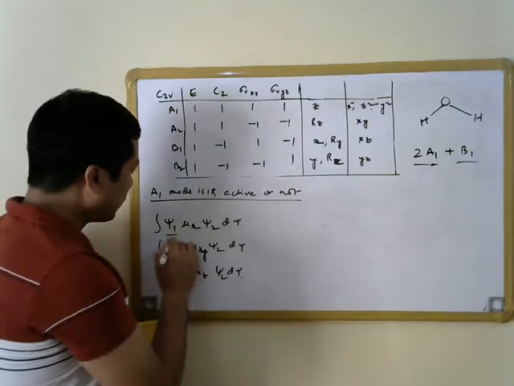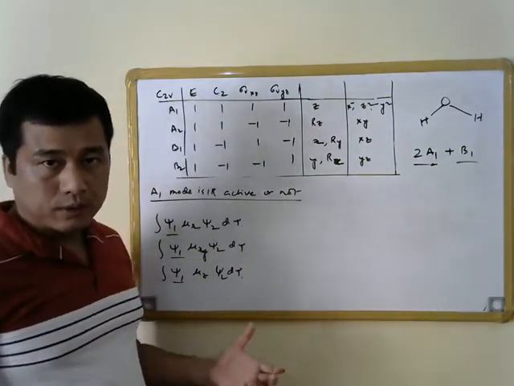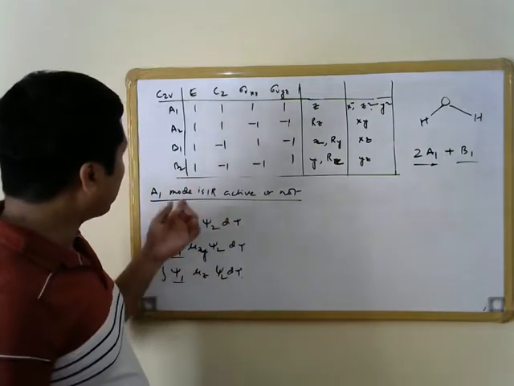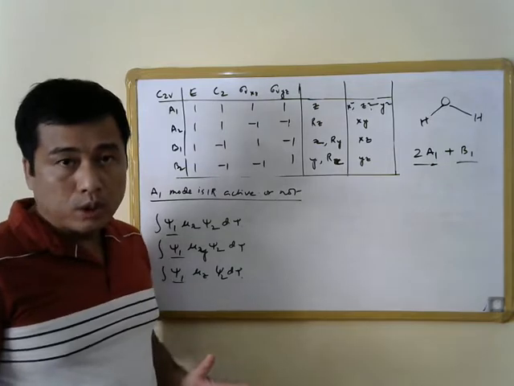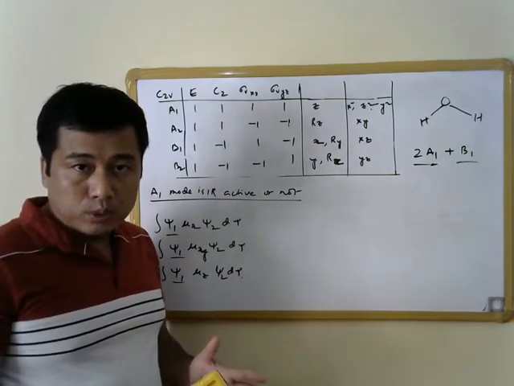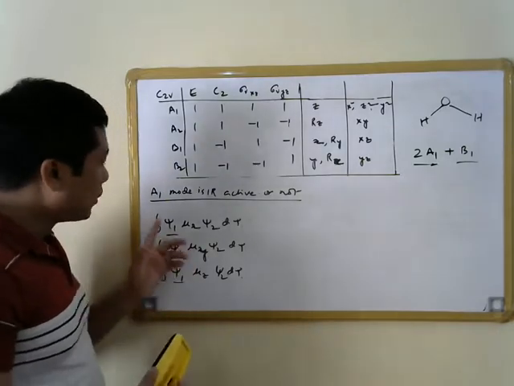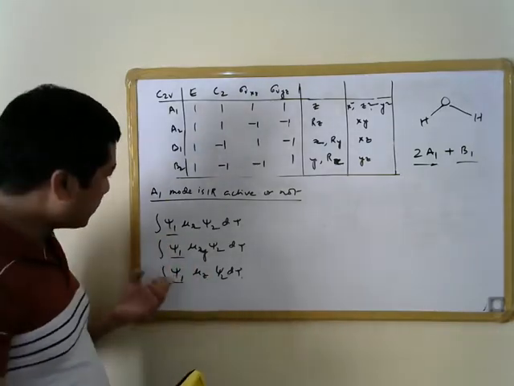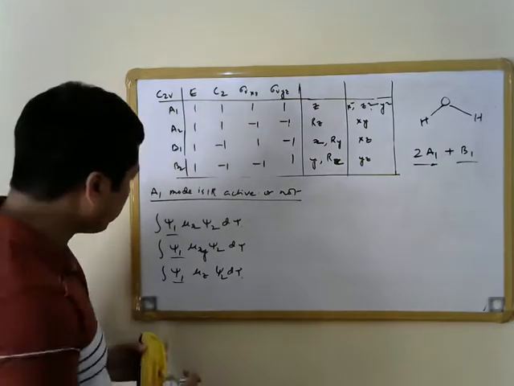So now we know that when we wish to find out whether a given vibrational mode is IR active or not, we have to take the ground state as the most symmetric state, and psi 1 will always be of A1 symmetry.